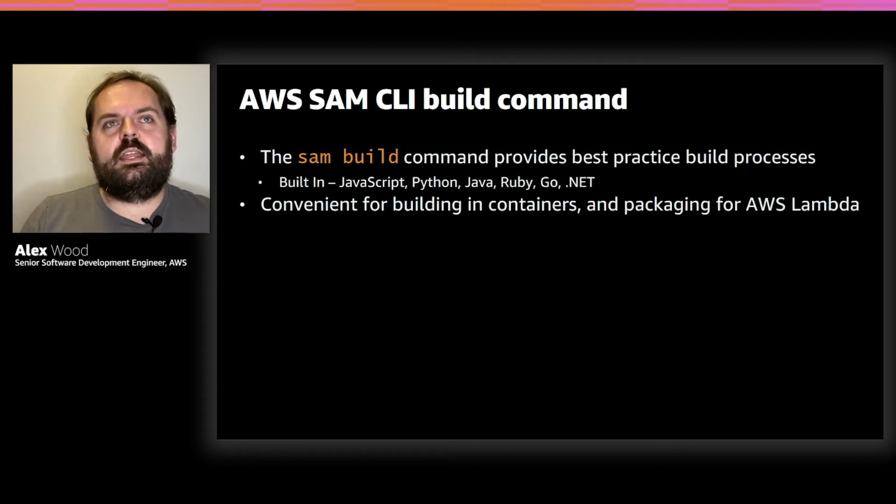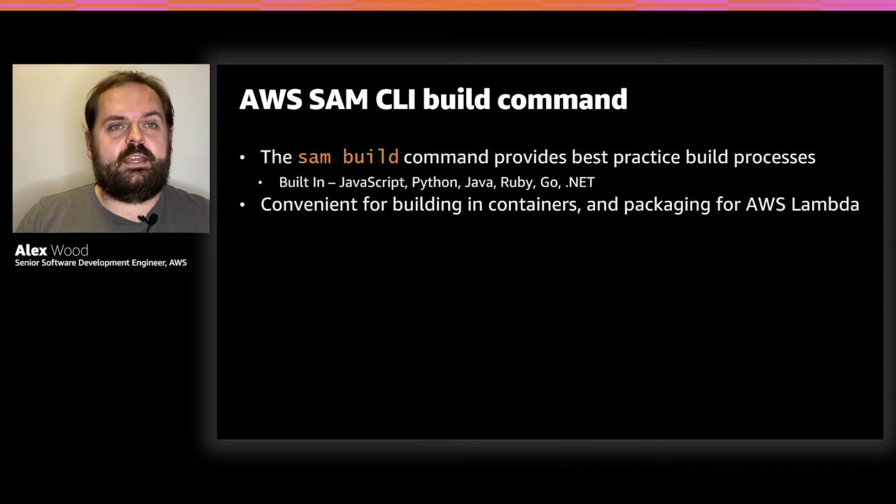Another convenient thing about AWS SAM CLI builds is if you have things like native dependencies, so you're depending on native libraries in the operating system, you can build inside Docker containers that are similar in structure to the AWS Lambda execution environment.